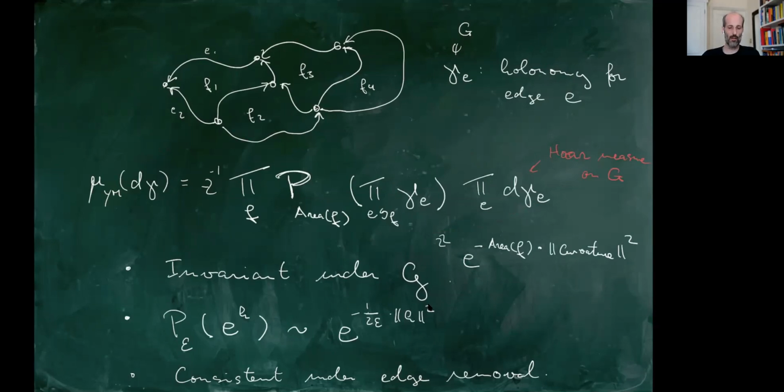And then also, the way that measure is described, it's described really as a measure. You describe the density with respect to some reference measure. It looks like a product measure, but it's really not a product measure at all, because the same guys appear in more than one face.